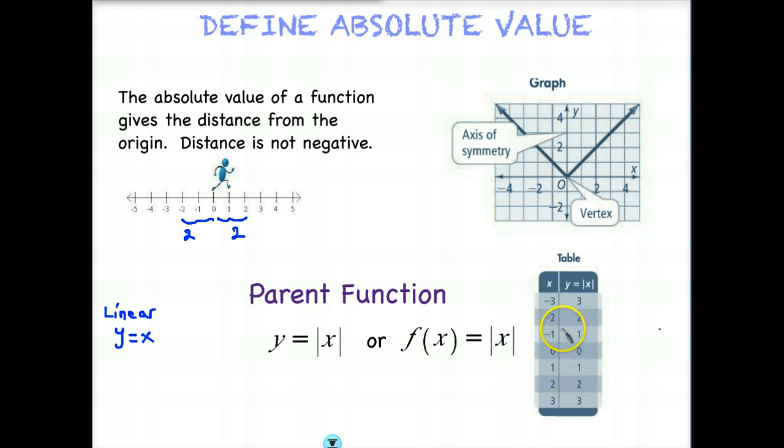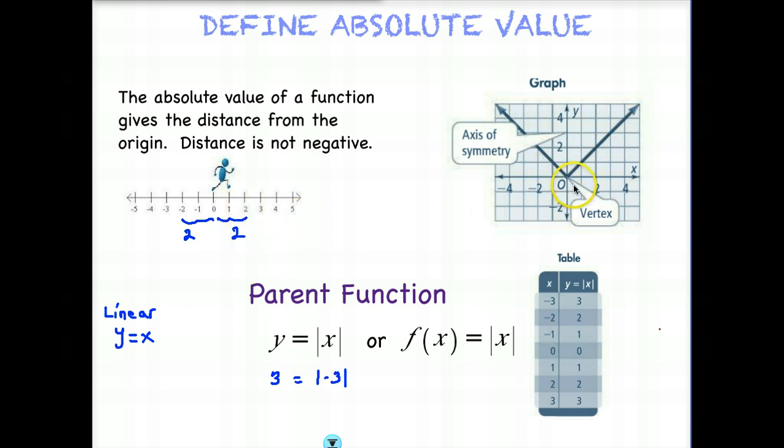If I were to start with my table of values, let's see how this works. If I take a -3 and I plug it in here, and I can plug negatives, I can plug positives, whatever I want inside the absolute value marks, but what spits out is a positive. Because absolute value, remember, is like distance and it cannot be negative.